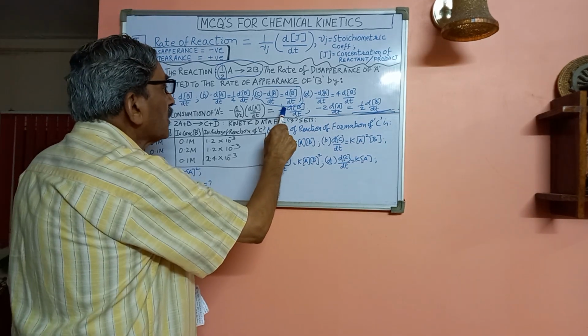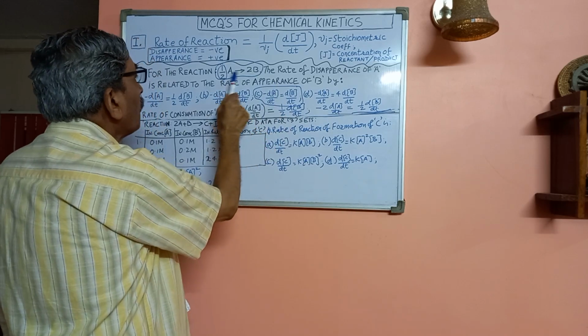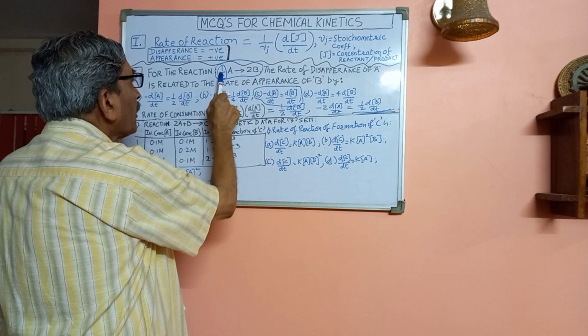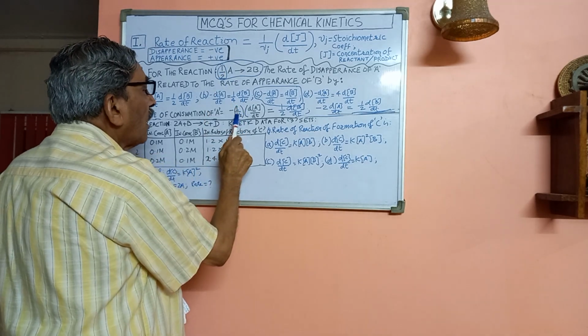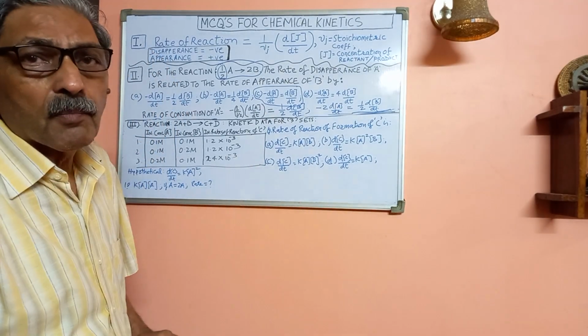Now remember, this half is still coming over here because the stoichiometric coefficient for B is 2. So this is 1 upon 2. Stoichiometric coefficient is half, so it is 1 upon half. And B is the concentration of the product.